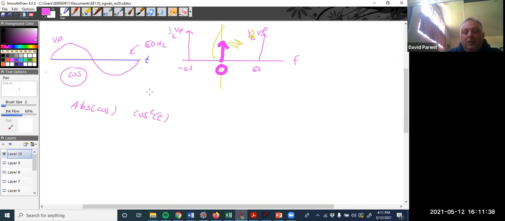Okay. Well, the absolute value of cosine is the full wave rectifier, right? If I have one diode, I have the half wave rectifier. If I have four, I have a full wave. And so taking the absolute value, right?